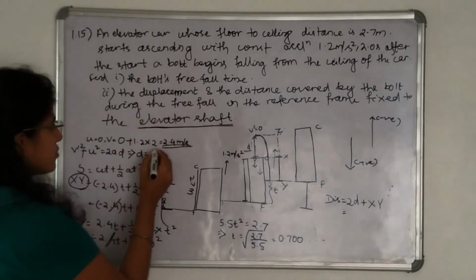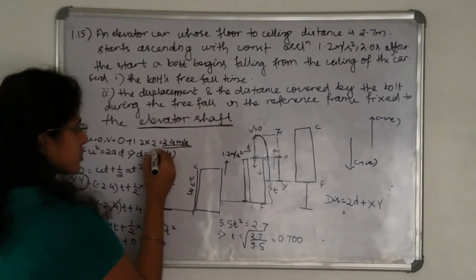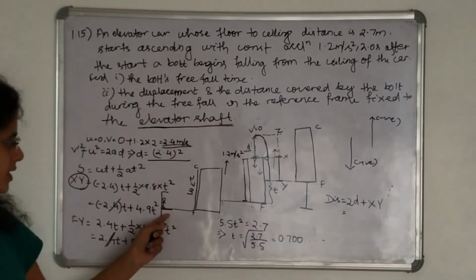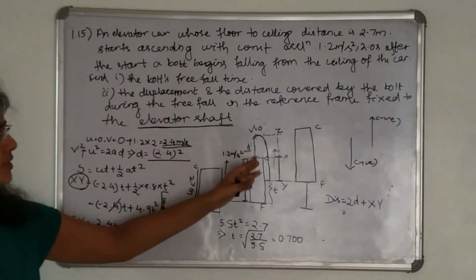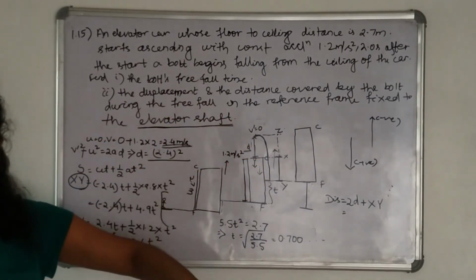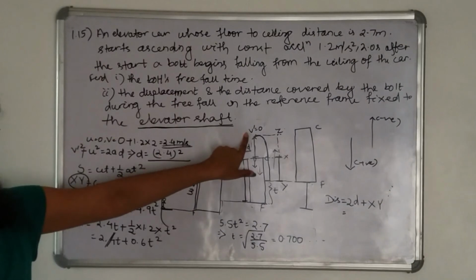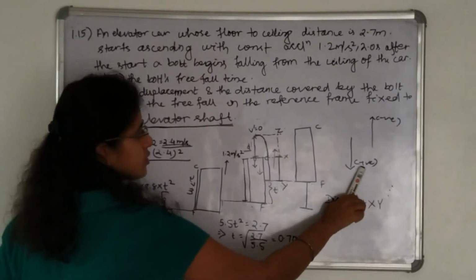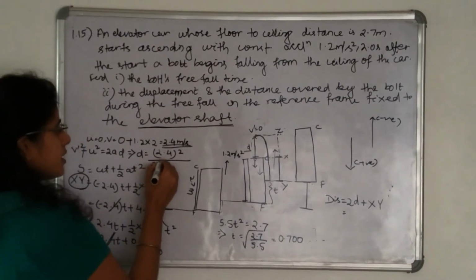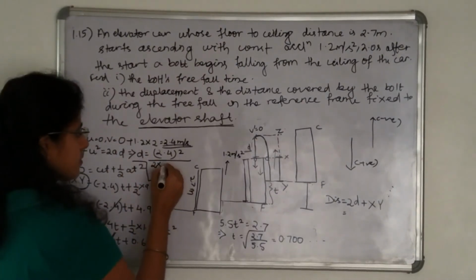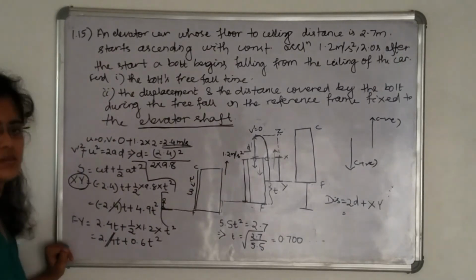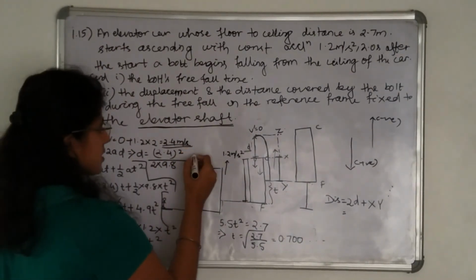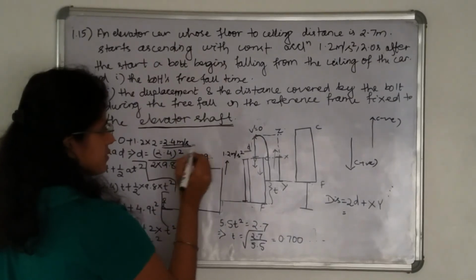Plus u square, that is 2.4 square divided by 2 into a. For the yard frame, gravity is pulling this board downward, so that the velocity will be 0 at this point. So in this direction it will be positive, that is 2 into 9.8. If you calculate this, it comes like 0.29 something.